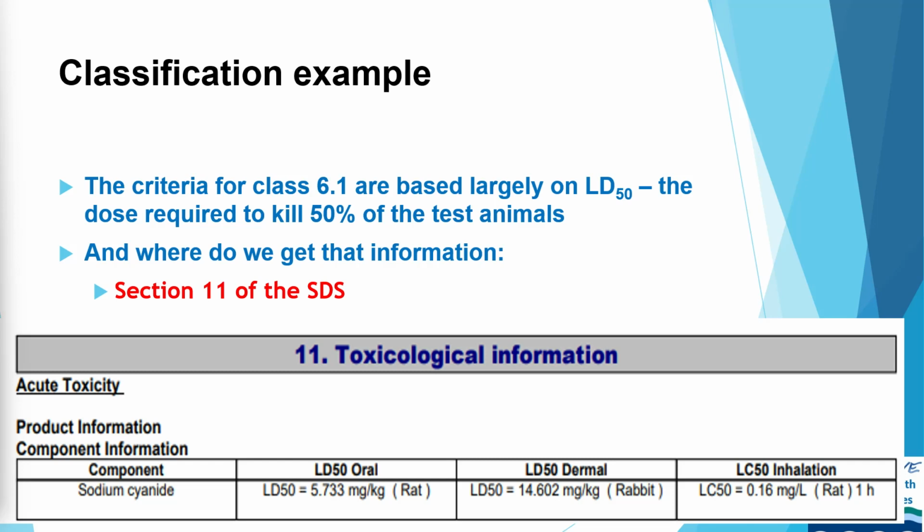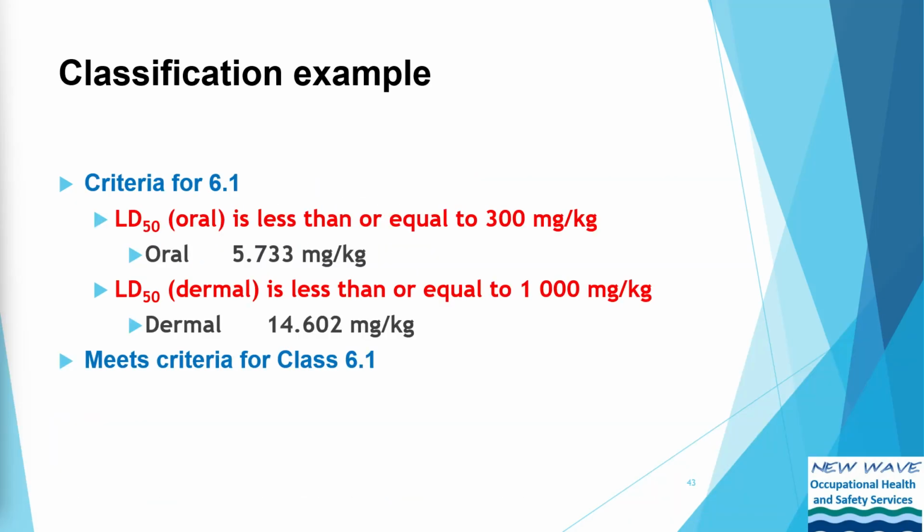The slide shows an excerpt from the sodium cyanide safety data sheet. And the criteria for 6.1 are an LD50 oral, that is given by mouth, of less than or equal to 300 milligrams per kilogram. Sodium cyanide's value of 5.733 easily meets that criteria.